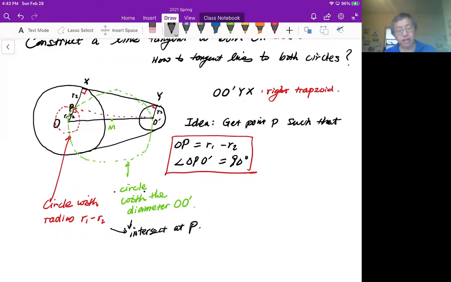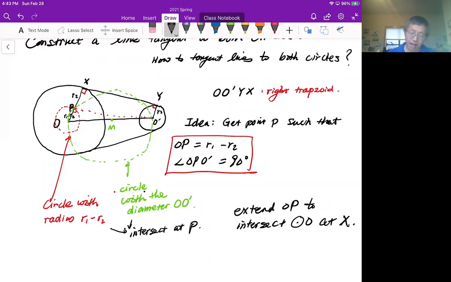After you find the P, we can make an extension. As long as you can find the P, you can find the X, right? So extend OP to intersect the original circle of O at the point X. And after you get the point X, you can get the point Y by drawing the parallel line, or you can draw the perpendicular line.